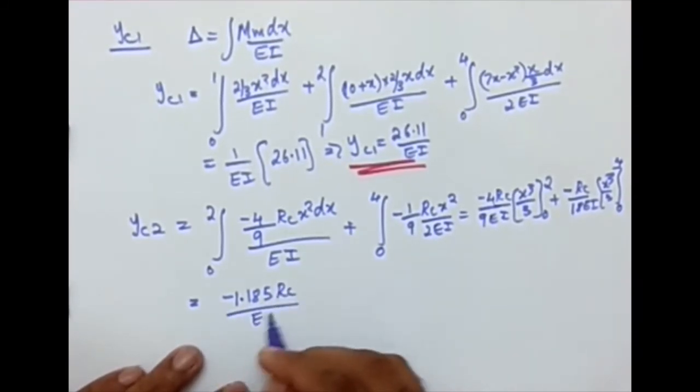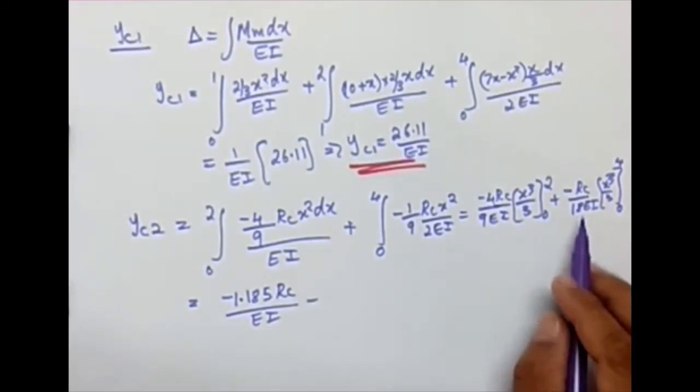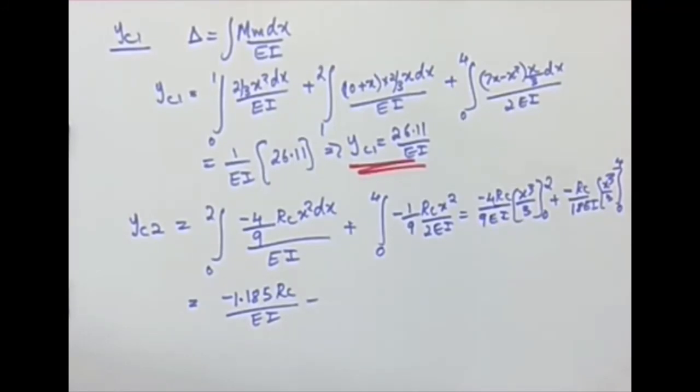Rc by EI, minus the second one, x cube, that is 4 cube divided by 3, multiplied by 1 divided by 18.